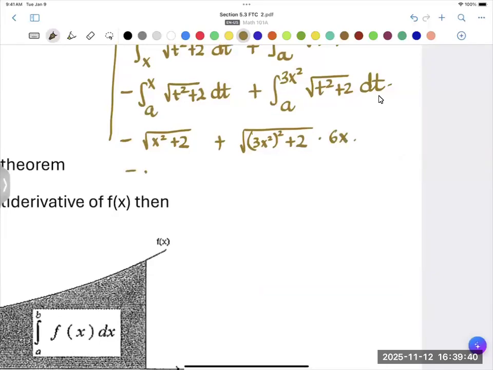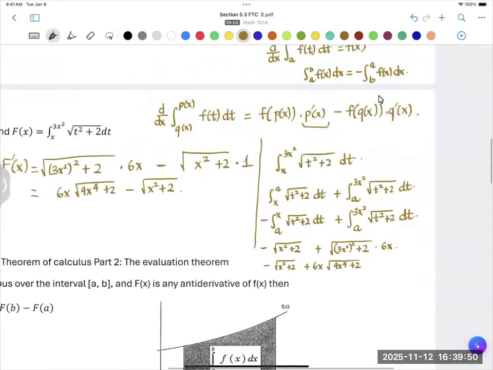If we rewrite this, I have negative the square root of x squared plus 2, plus 6x times the square root of 9x to the power 4 plus 2. So this will give you the same answer as this. So it's up to you if you want to do this or this.